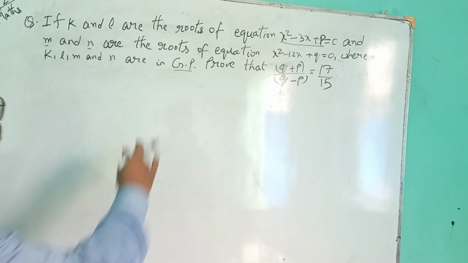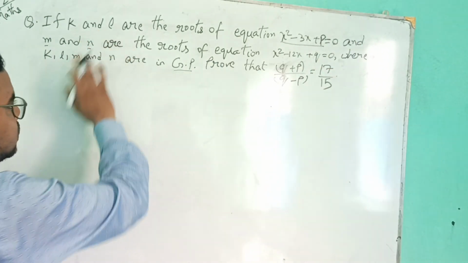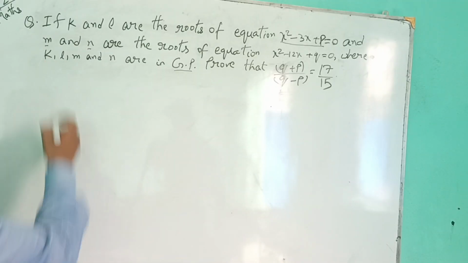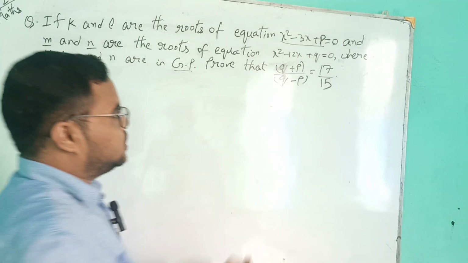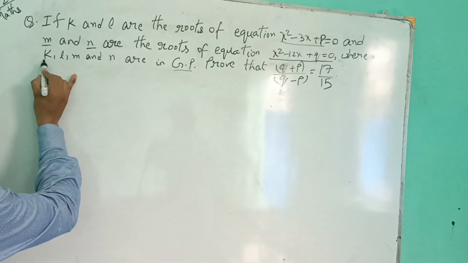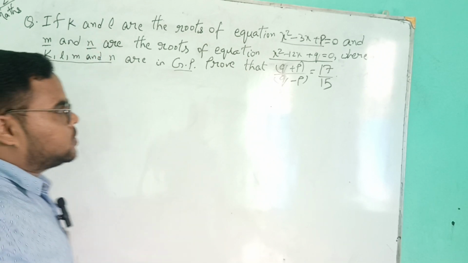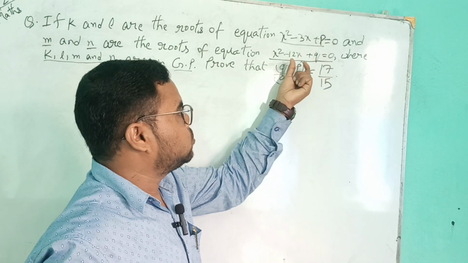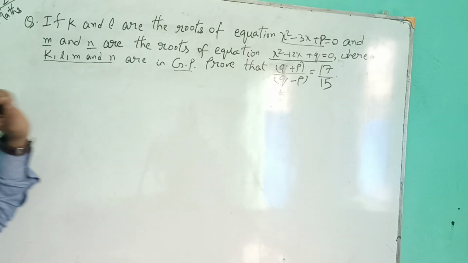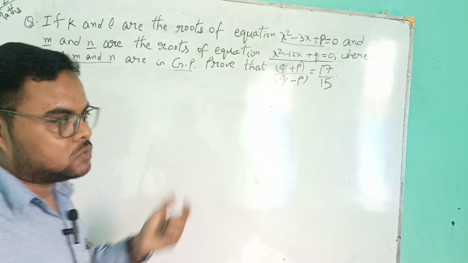If k and l are the roots of the equation x square minus 3x plus p equal to 0, and m and n are the roots of the equation x square minus 12x plus q equal to 0, where, most importantly, k, l, m and n are in GP, we have to prove that (q plus p) by (q minus p) equal to 17 by 15. This is a very important and basic question of sequence and series.